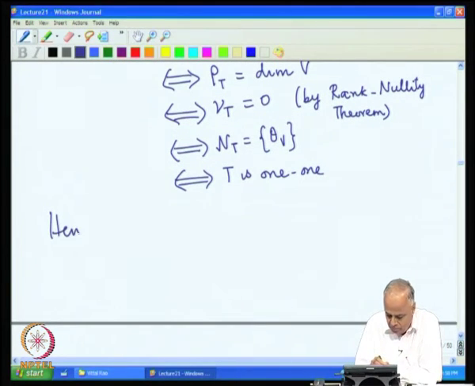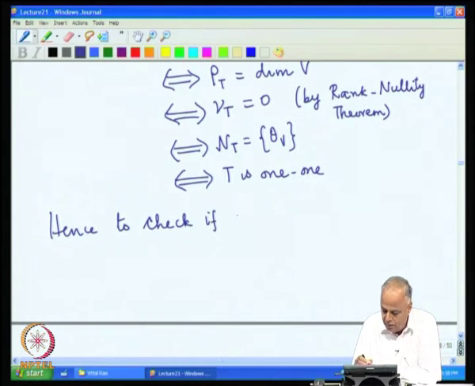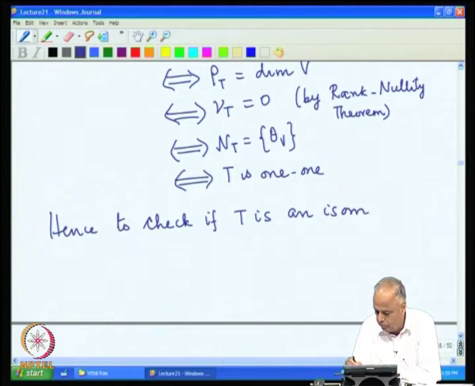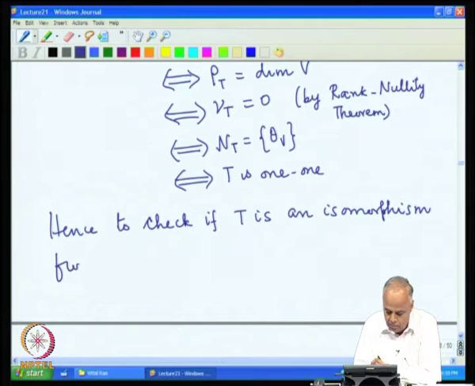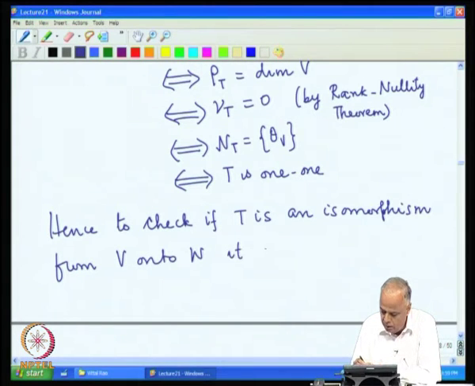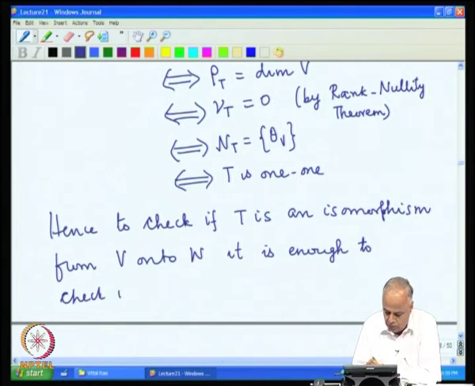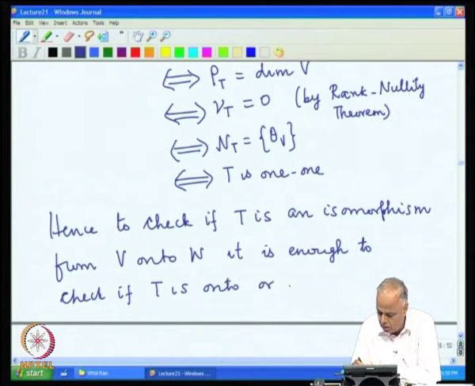Hence, to check if T is an isomorphism from V onto W, it is enough to check if T is onto or if T is 1-1.